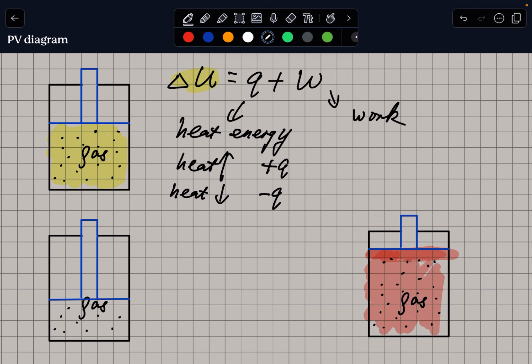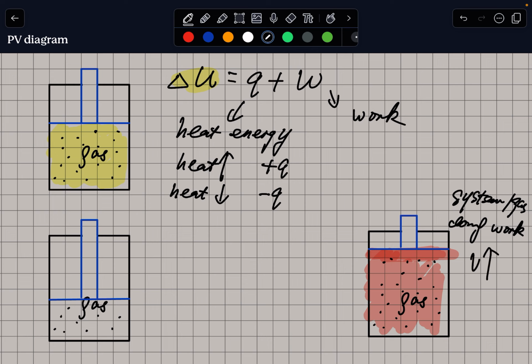So the system, or gas, is doing work. When they do work, when they're dancing so violently, of course they expand the volume, right? This volume, V, would increase, okay?